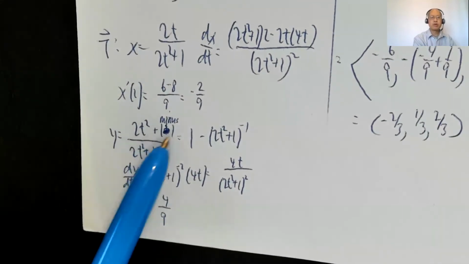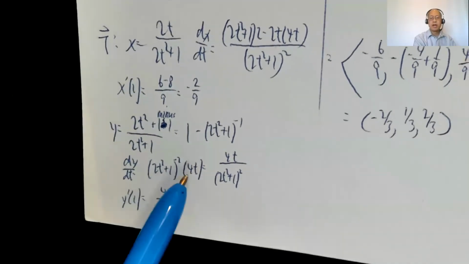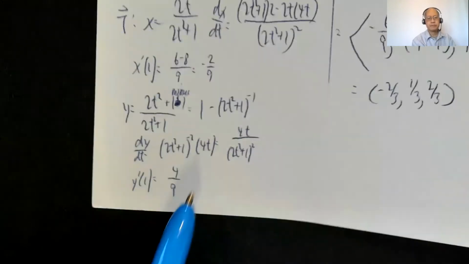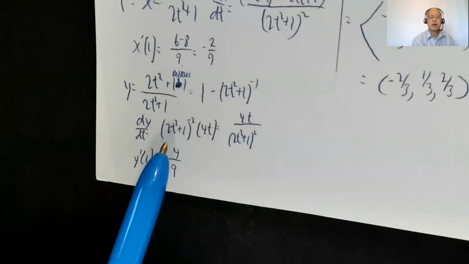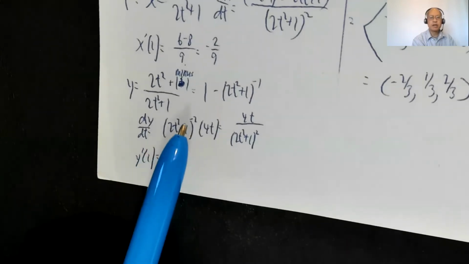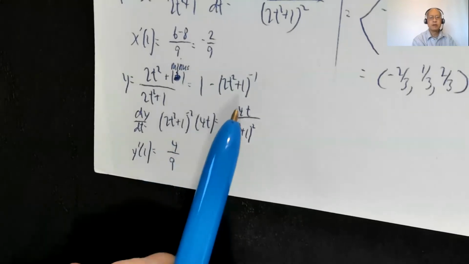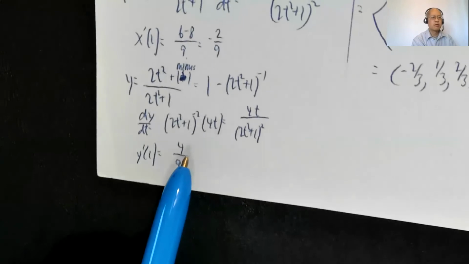So change that to just 1, because I know its derivative is 0, and write that as -(2t squared plus 1) to the -1. Okay. So dy/dt is +1 times (2t squared plus 1) to the -2, then by the chain rule times the derivative of the inside, which is 4t. 4t over (2t squared plus 1) squared. Plug in 1, 4/9.